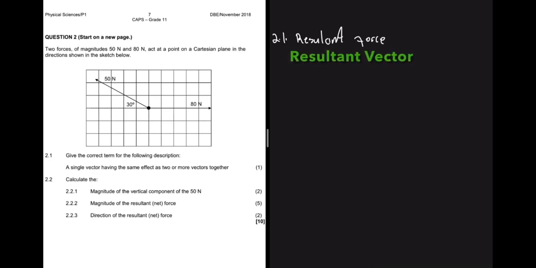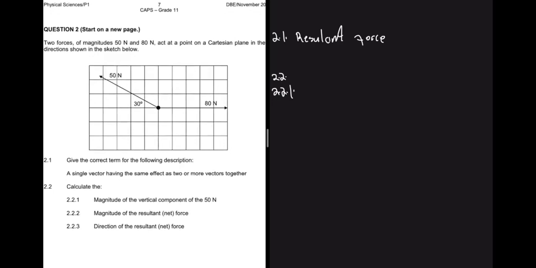And then we have 2.2 and 2.2.1 that says calculate the magnitude of the vertical component of the 50 Newton force. So we know fully well at this point that if we want to calculate the vertical component, which I'm denoting by the arrow, right, we take the force and multiply it by sine of the angle.